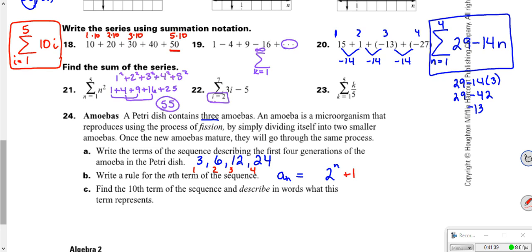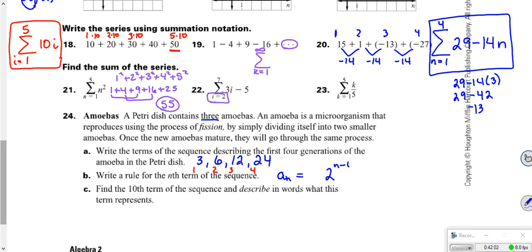Well, let's check it out for the next one. Is 6 2 squared plus 1? Well, 2 squared is 4, plus 1 is 5. Nope, that doesn't work. So I know 2 to the n has to be in there somewhere, but that isn't working this time. Now, what if I have 2 to the n minus 1?